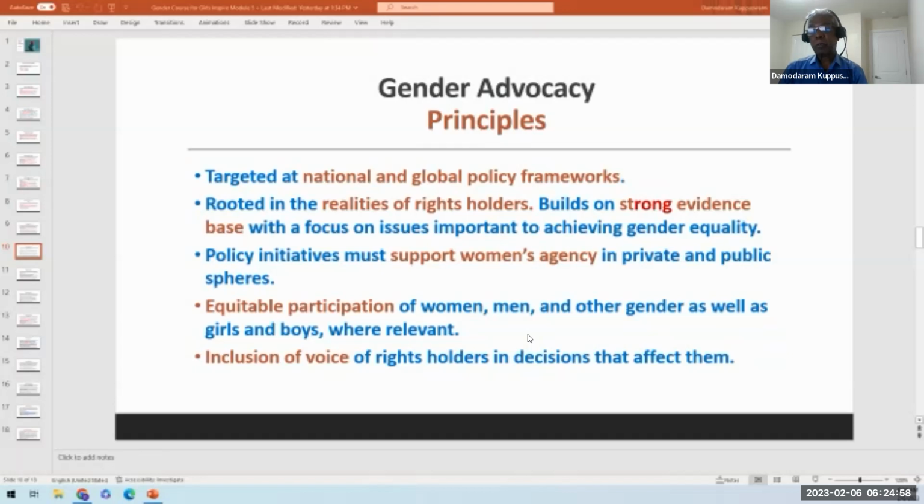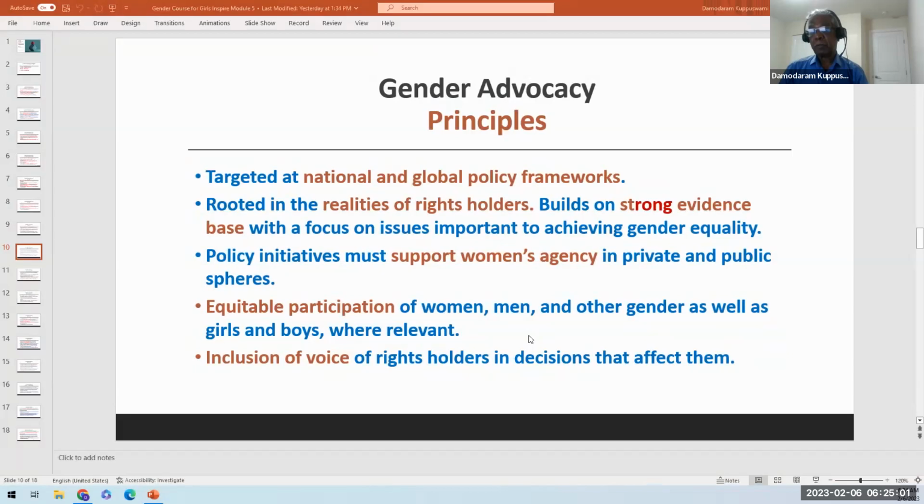And lastly, inclusion of rights holders, the people who are experiencing the problem. So we need to target the national policies, with sound evidence of facts on the ground, where people take action with equal participation, voicing their concerns at different forums so that their voice is heard.